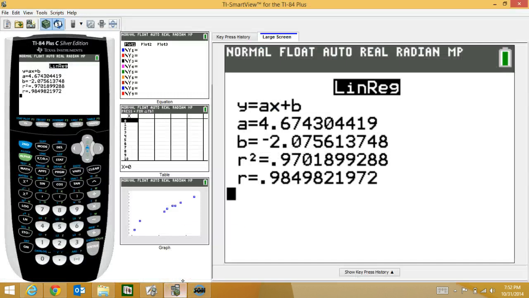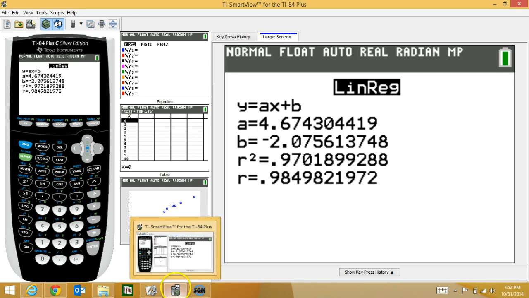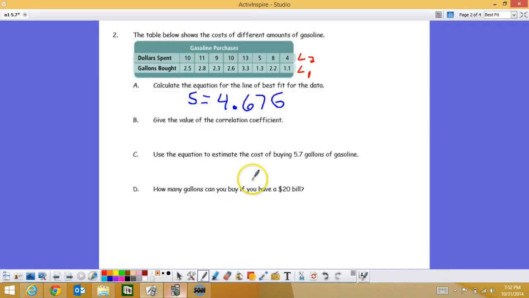And our b value is negative 2.08, so minus 2.08.